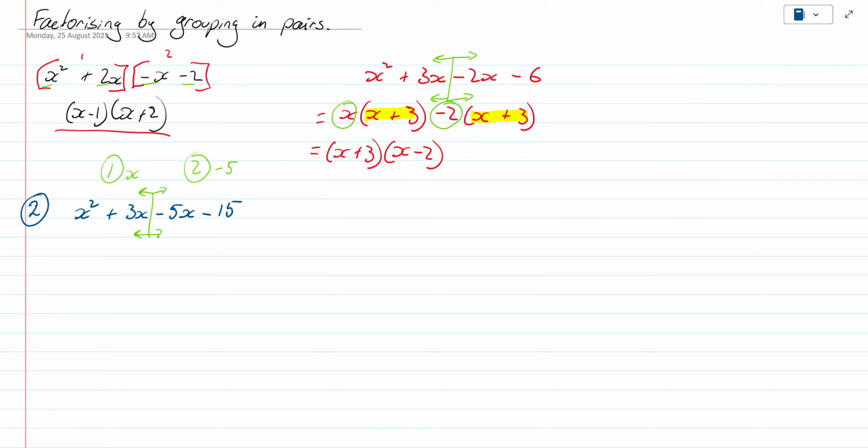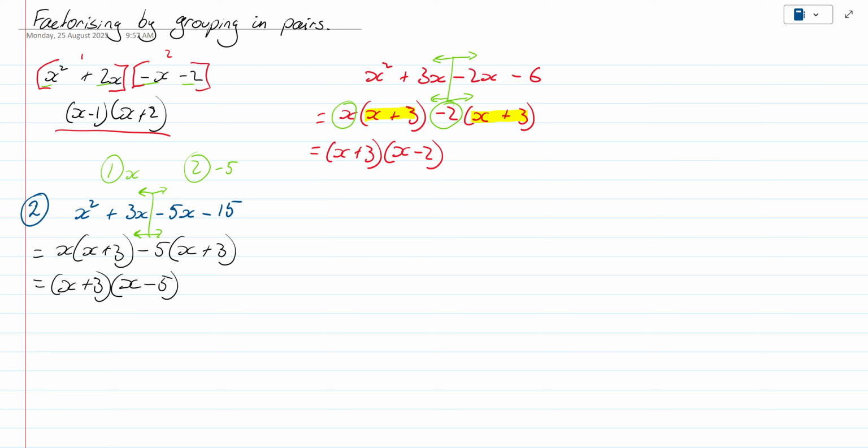So on our next line of working, we have x outside of x plus 3, minus 5 outside of x plus 3. Do our two sets of brackets match? Yes, they do. So we have x plus 3, and then we grab what's not in the brackets, x minus 5.